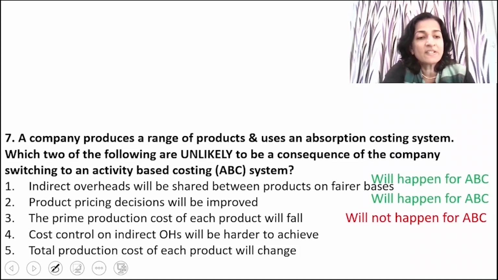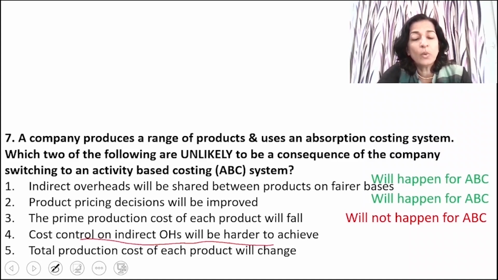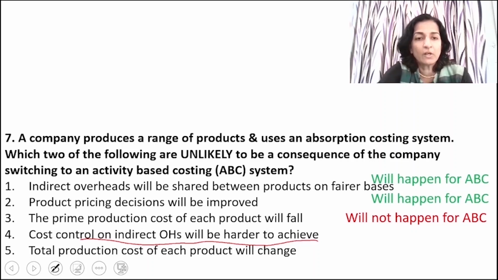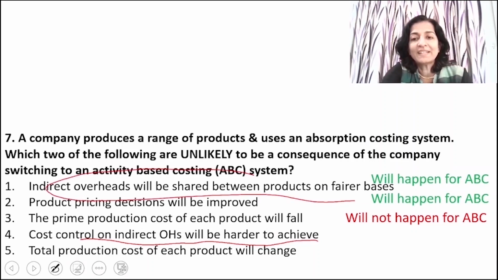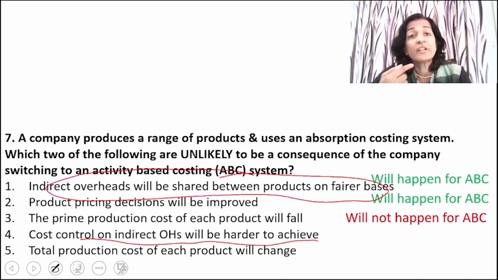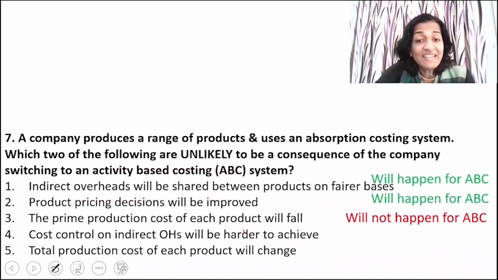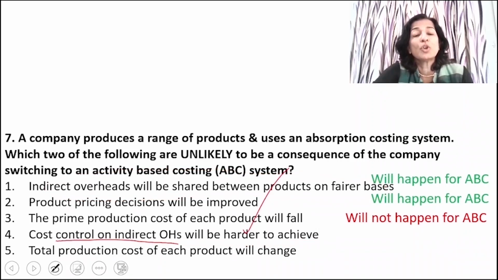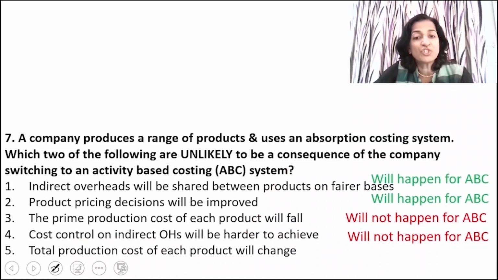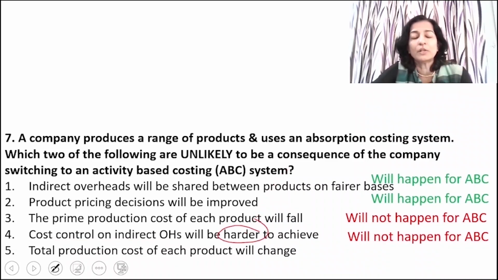Statement 4. Cost control on indirect overheads will be harder to achieve. This statement is not true because since the indirect overheads are shared between the products on a fairer basis, it will be easier to achieve cost control on indirect overheads. So this will not happen for ABC. If we switch to ABC, it will be easier to achieve. Now, statement 5.